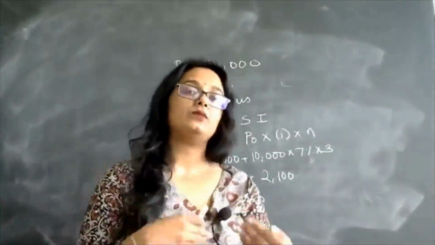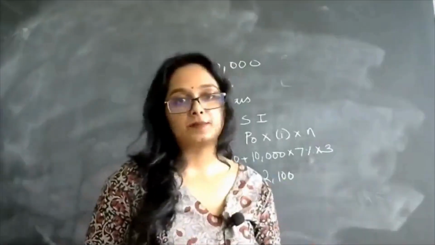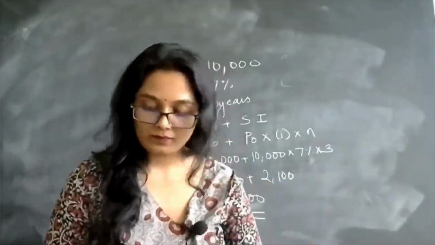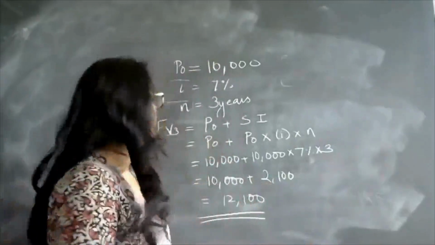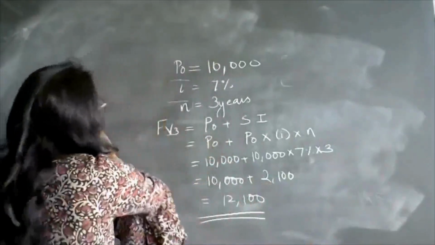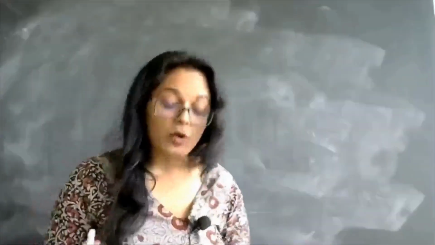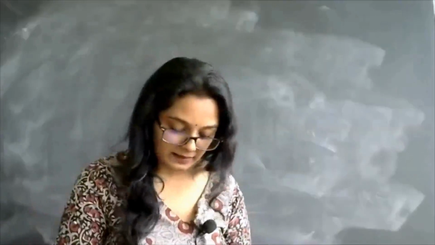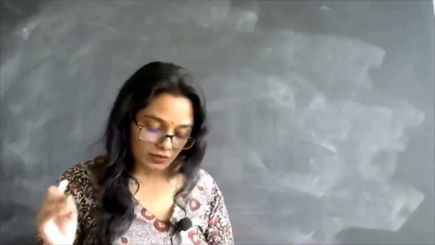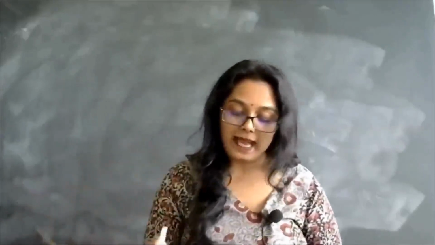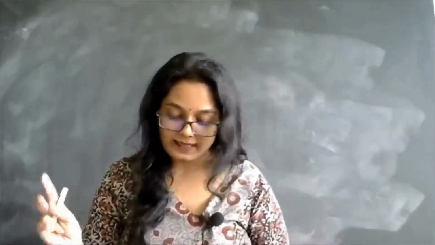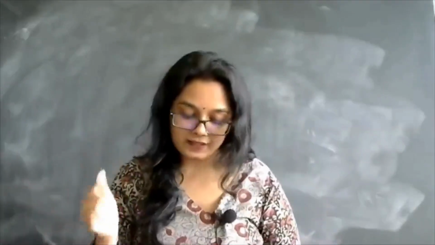Now let us move on to the next problem. The next problem is stating that rupees 2000 is deposited in a bank for a period of 2 years at a simple interest rate of 6%.